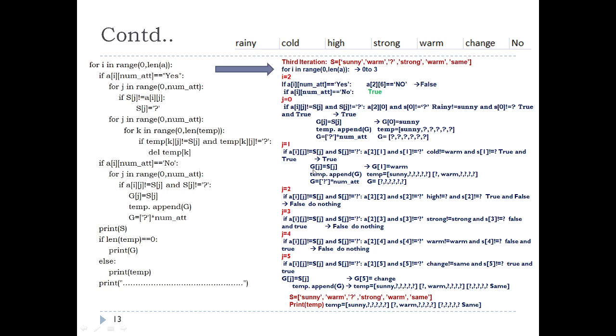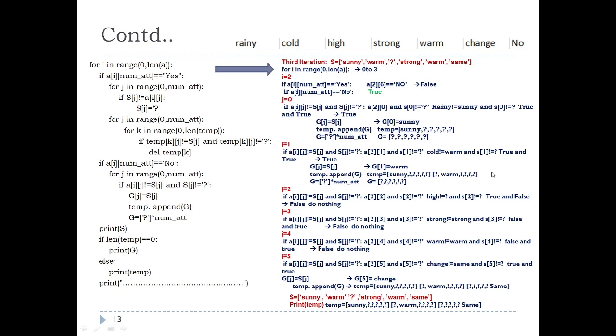Next, j is equal to 2, again we compare. Here high is not equal to question mark, so it is already in a general form, generic form, so no need to do anything here. Next, the fourth one, strong, here is strong, so no need to do anything. Next, warm, here also warm, no need to do anything. And the last one, here it is change and here it is same, so we need to make it specific.